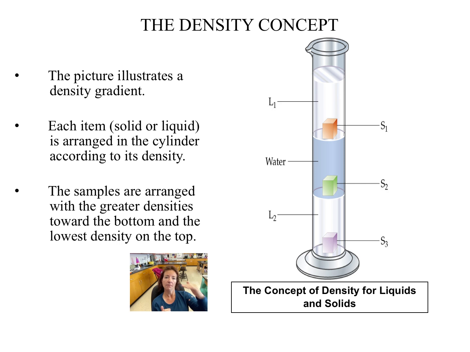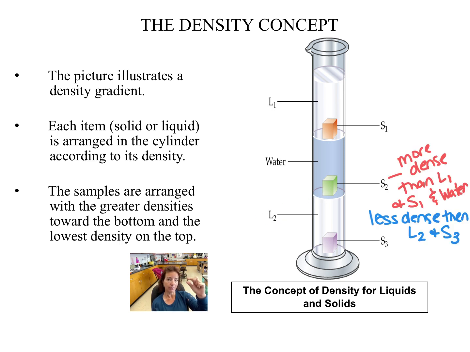If it goes into the middle, like the green solid, solid number 2, then it is more dense than liquid 1 because it sank through liquid 1, and more dense than the water because it sank through the water, but it is less dense than liquid number 2 because it's floating above liquid 2. So we can use the concept of density to figure out which material has greater or lesser density.